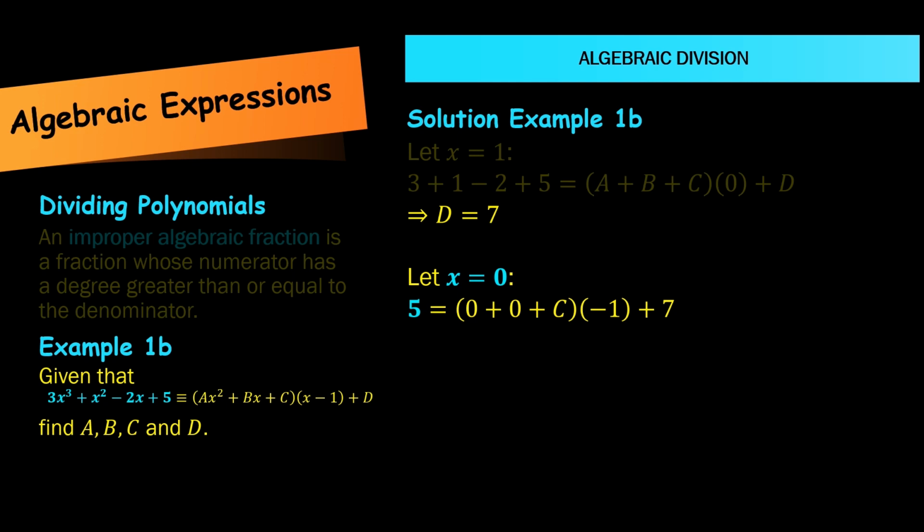On the right-hand side, we have 0 plus 0 plus c times minus 1 plus 7, because we know that d equals 7. And rearranging this gives us that c equals 2.